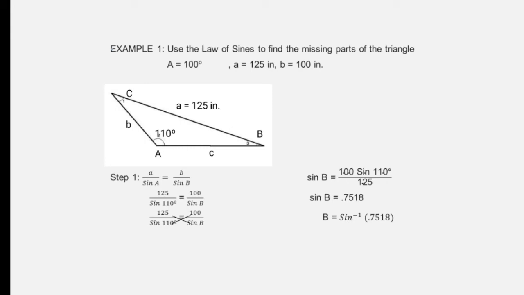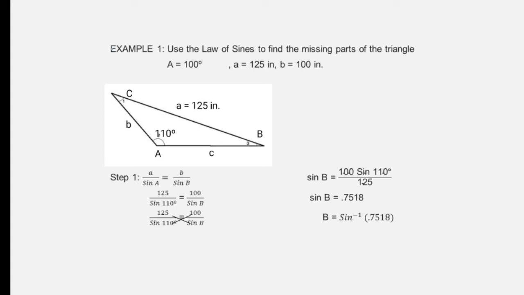Angle A is opposite to side a, which is equal to 125 inches. Big B is opposite to small b, and big C is opposite to small c. So, we have a representation of our triangle and its missing parts, which are the angles B and C and side c.